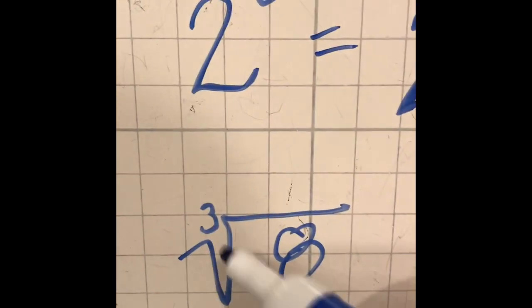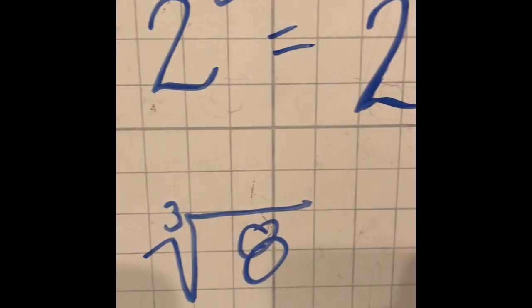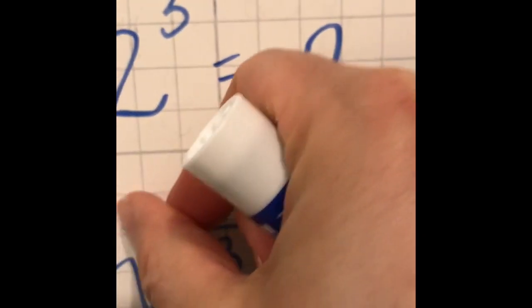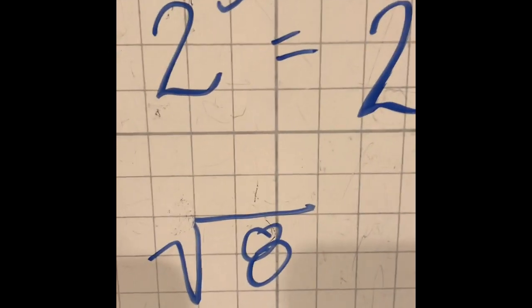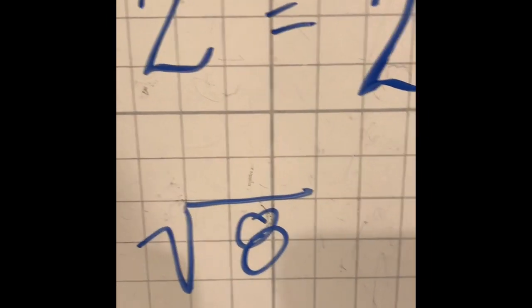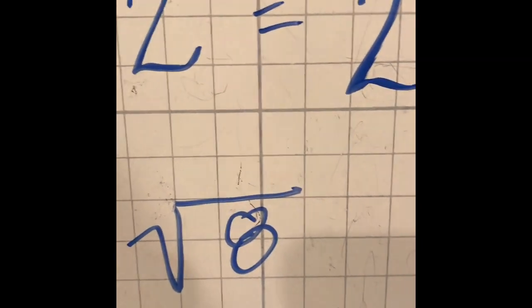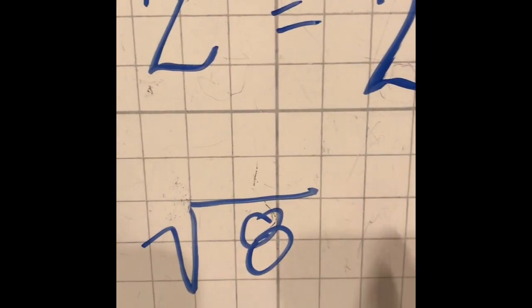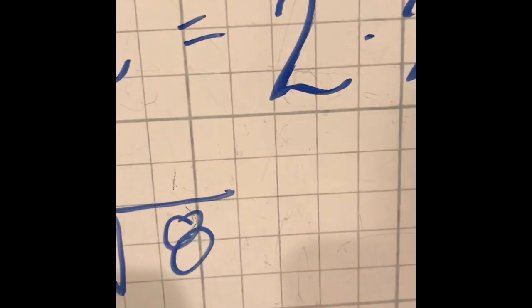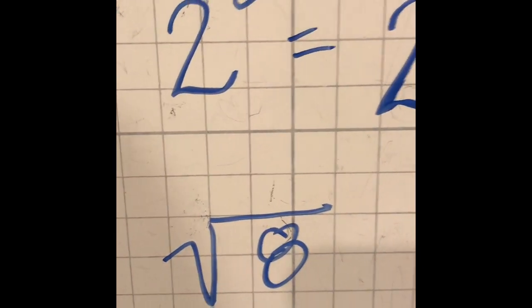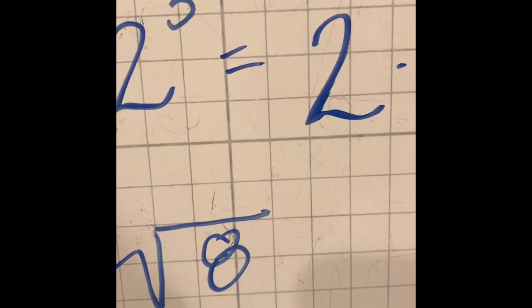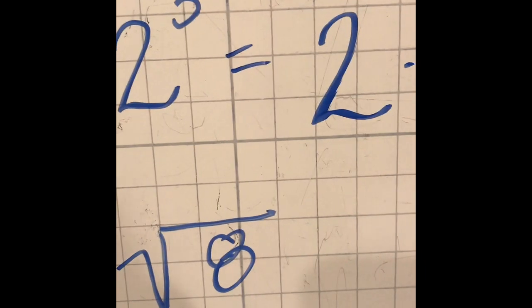So this radical sign, what we've seen before, was without any root there. Everything was a square root that we were working with before. We're trying to find what times itself equals that value. Well, more than just square roots, there could be cube roots, fourth roots, fifth roots, or any kind of root.